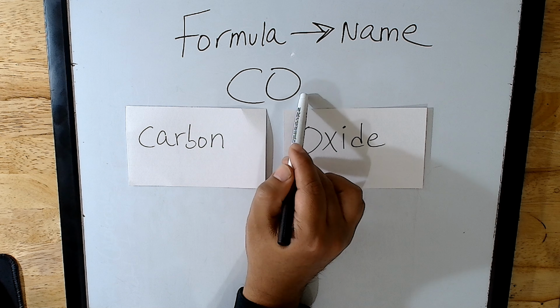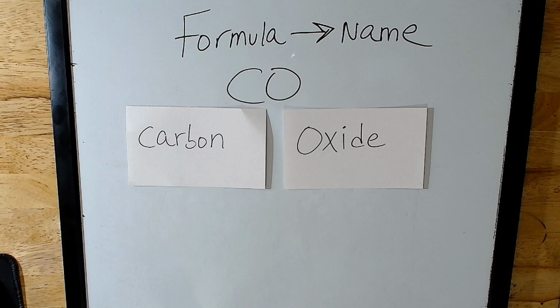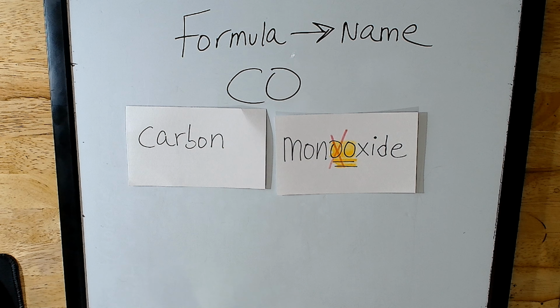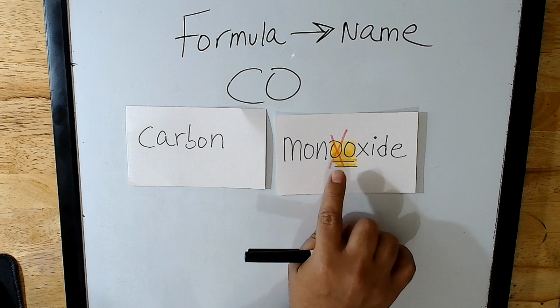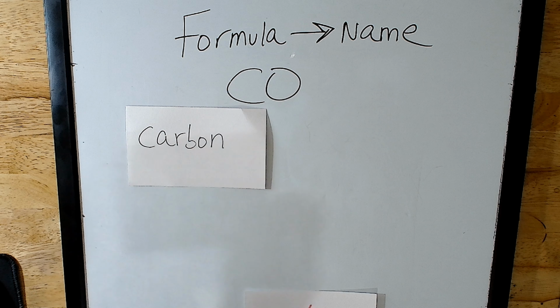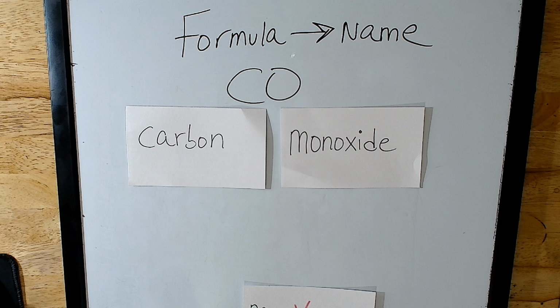To the right side of the oxygen, there's also a 1 understood there. And remember that the number 1, its prefix is going to be the word mono. However, whenever we add the prefix mono, we now have 2 O's, and you cannot have that either. You cannot have two O's, nor can you have an AO. You have to change it to just one single O. So that would be carbon monoxide as its chemical name.